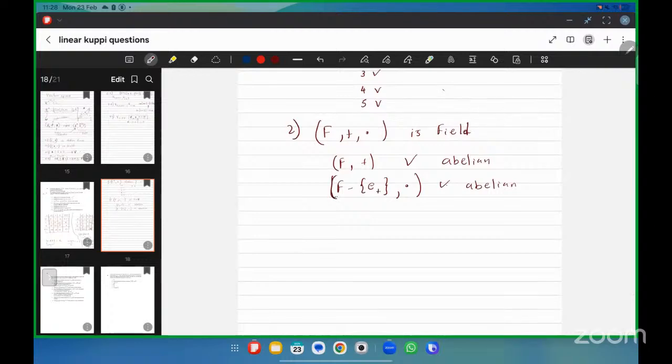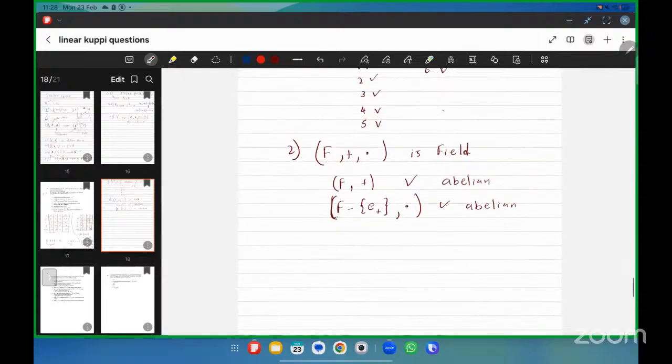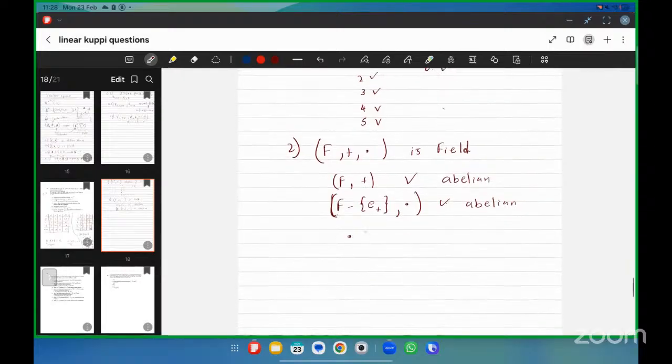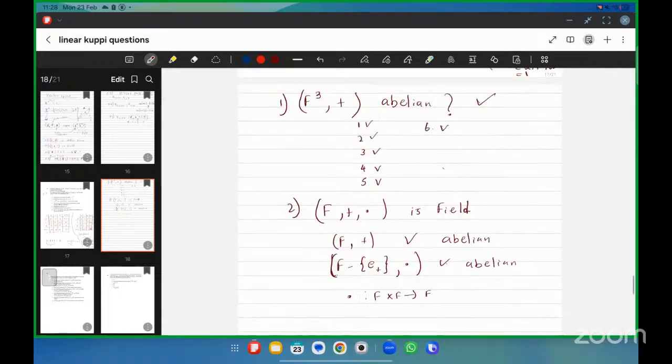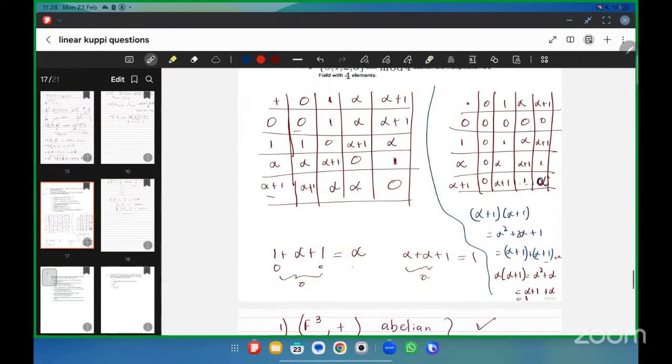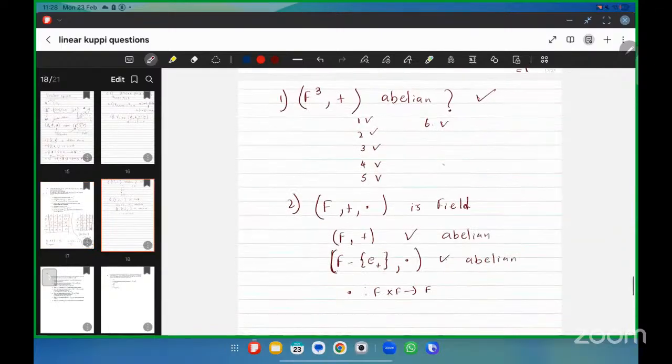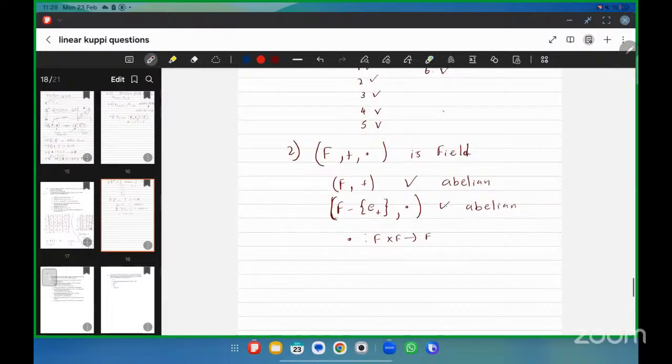And the third condition for the field is that the star should be a function. Here we are getting the same set, so that is a function, so it's closed.